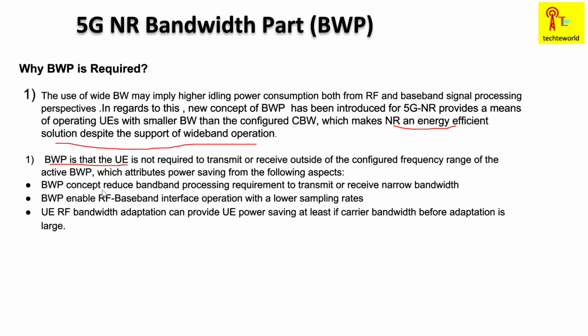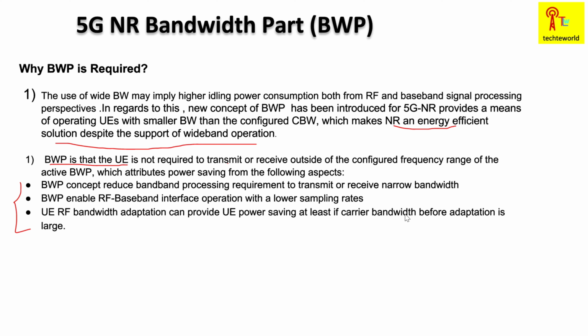Here we have mentioned the various areas where this bandwidth part plays a role. It reduces the baseband processing requirement, since it only needs to transmit or receive a narrow bandwidth. If we were using the entire bandwidth, the baseband processing would require a larger amount of energy and would not be that energy efficient.